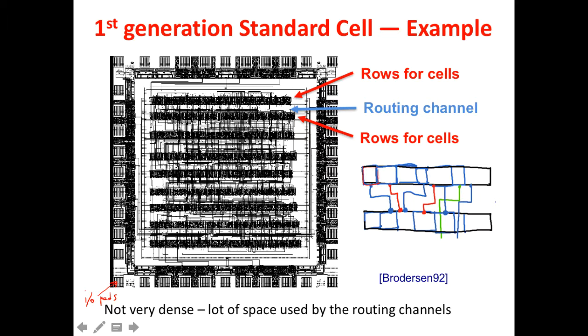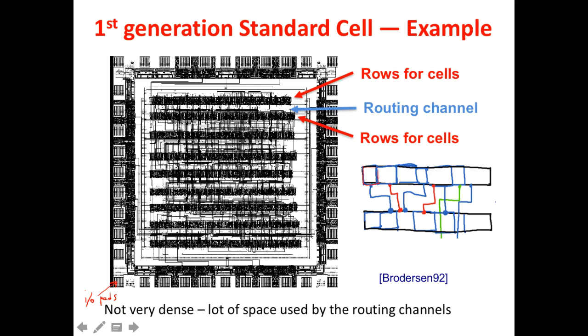Okay, then you have let's say some space, and then you have another row, and so on. So you have many different rows, and the space between the rows forms the routing channel that is used for the interconnections between the different building blocks.